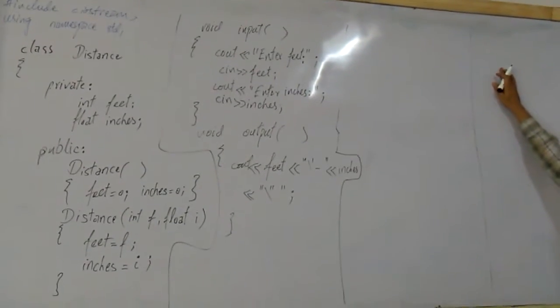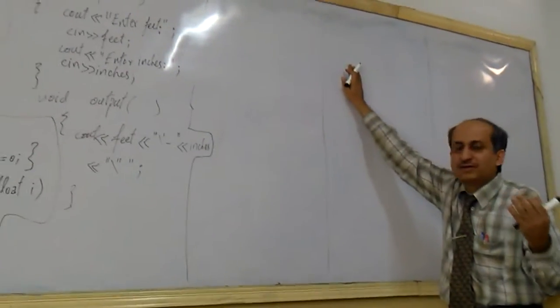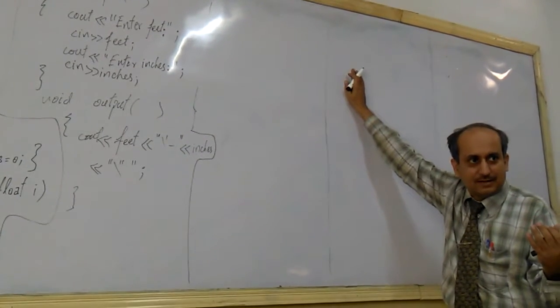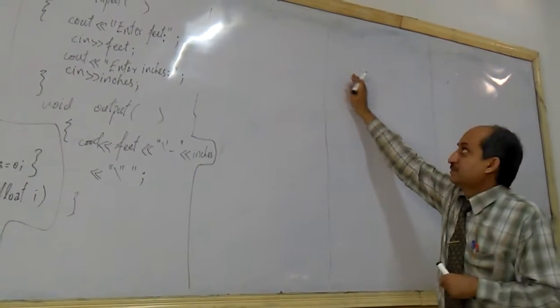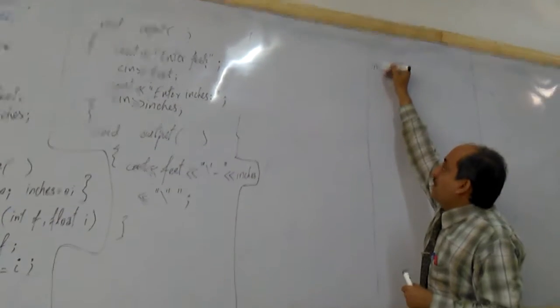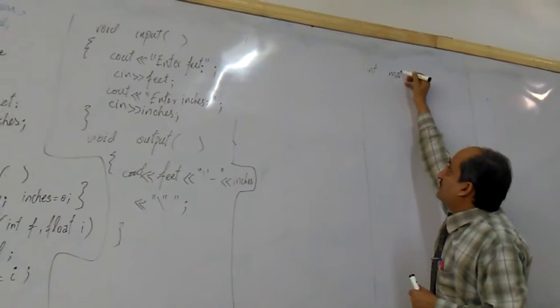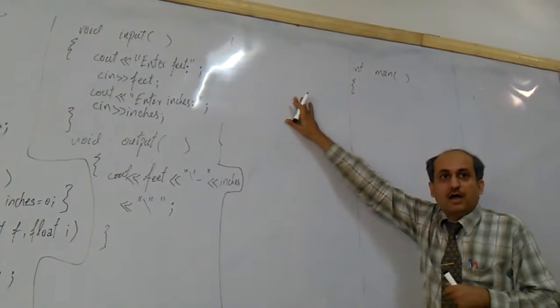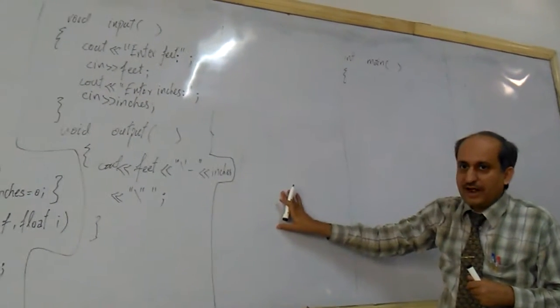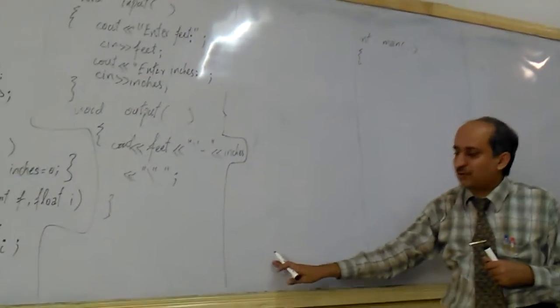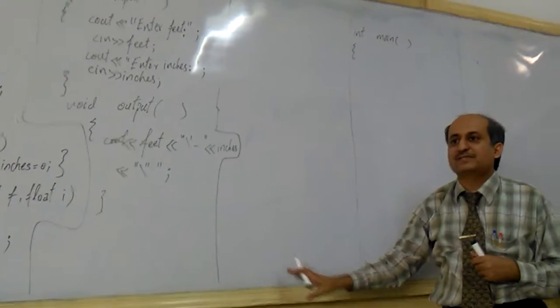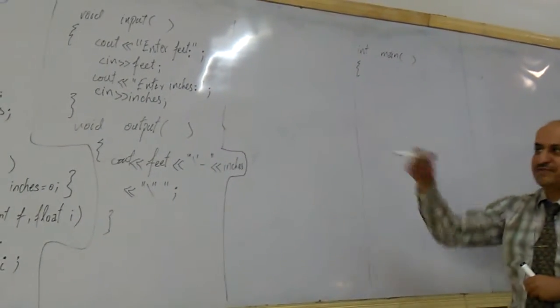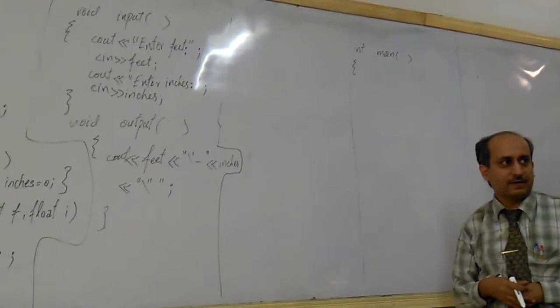How we should be passing two distance values, and where should we be storing the result? For this we want to write our main program first, then we shall try to define our add distance function over here, and we shall complete our program by closing the curly bracket and putting the semicolon for the definition of this class.